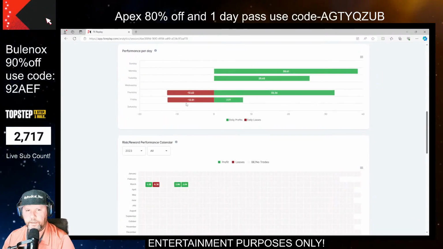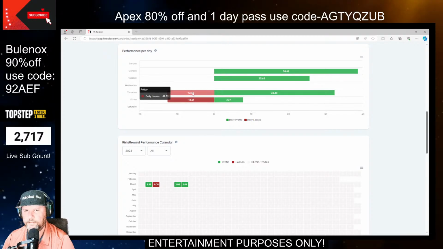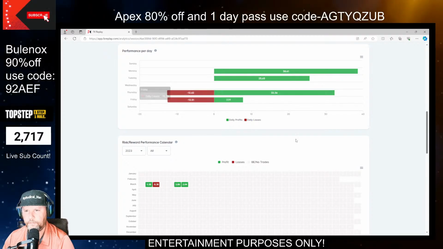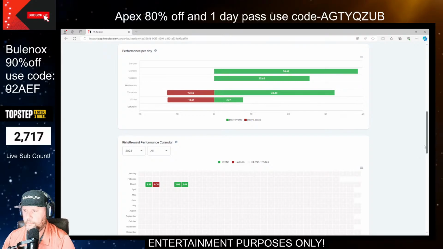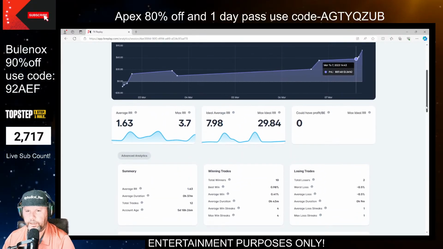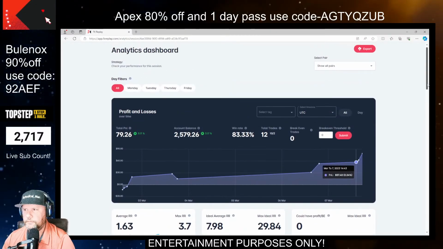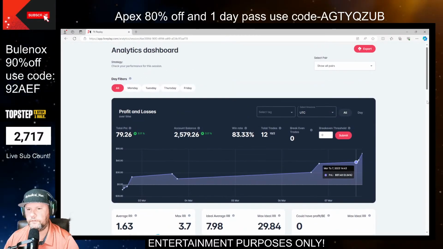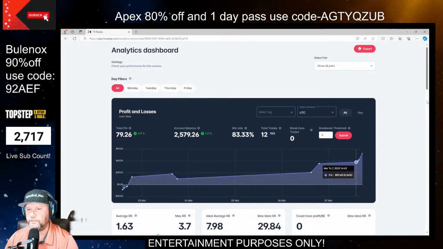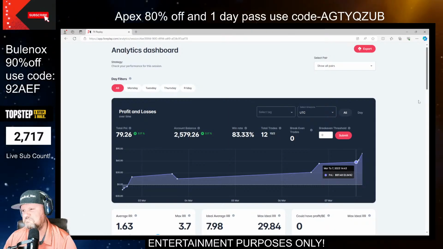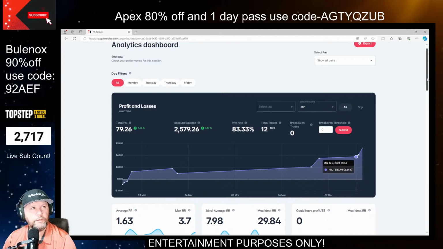So Thursday, Friday, we took a couple of losses, a couple of red trades. Not bad overall, I don't think. 80% win rate, 83. I'm typically a little higher than that. Usually run about an 85, so that's fine. 12 trades, 10 winners, 2 losers. No big deal.